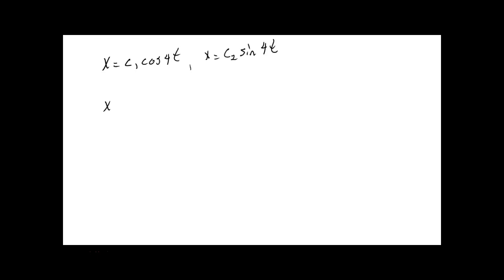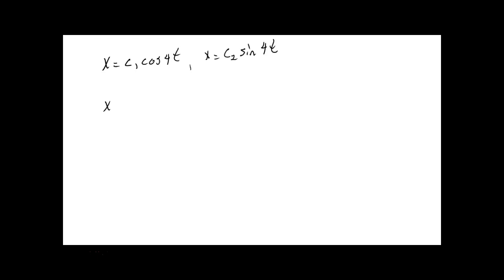What order of derivative are you going to have? You think a first order differential equation is going to give you that? No, you only need one. So this is going to be a second derivative.